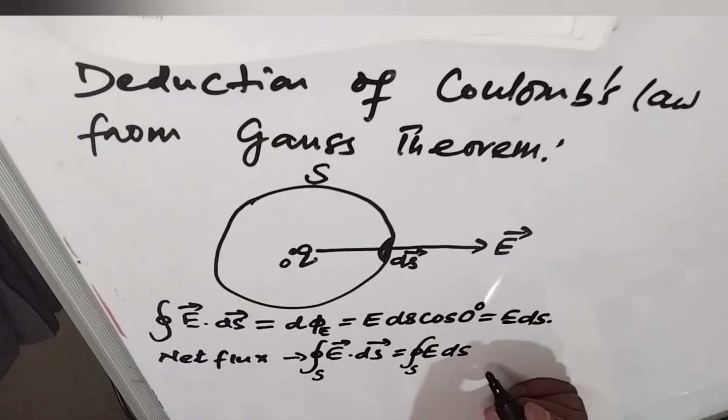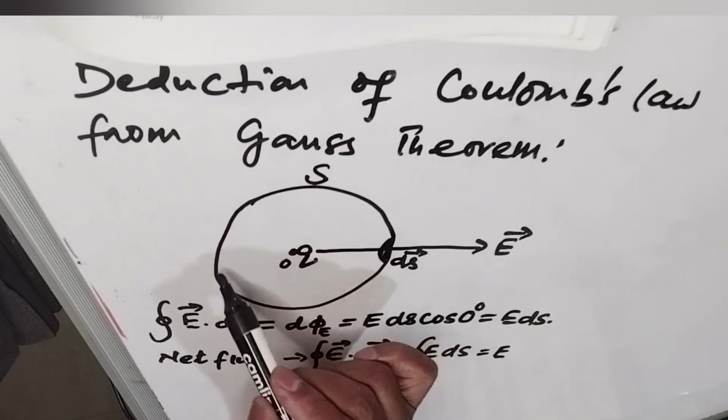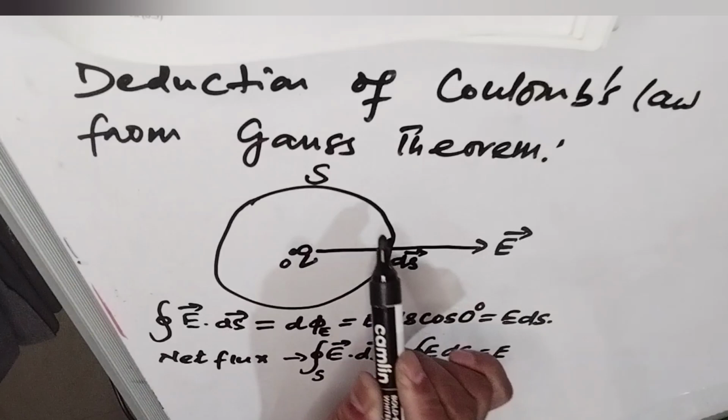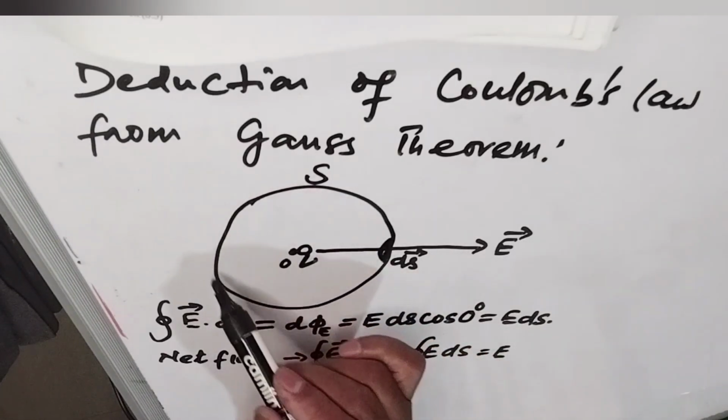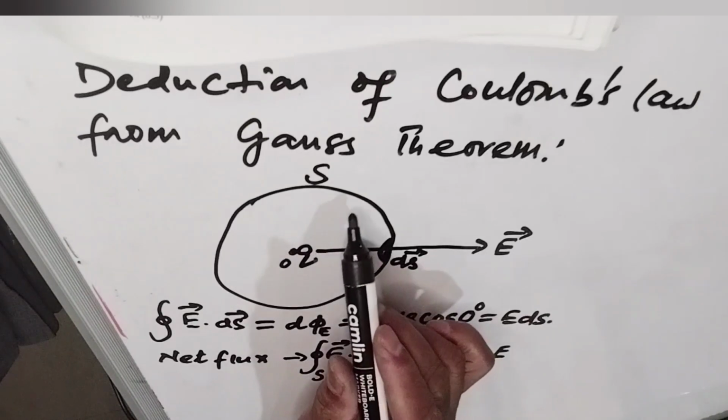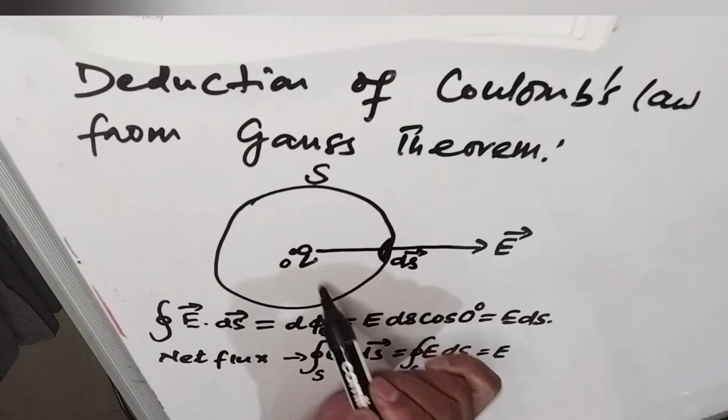As E is constant over this sphere because the distance is equal, right?